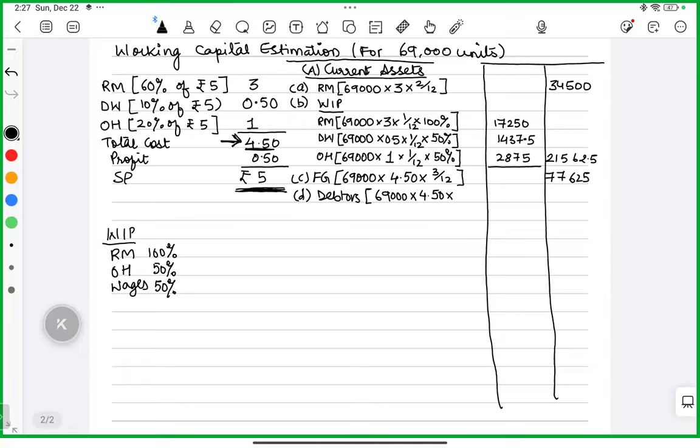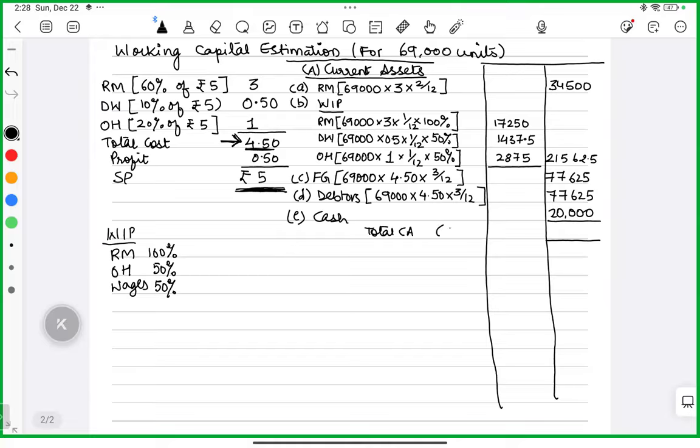So what we do is we value debtors at total cost 4.50, and see in the question, credit allowed to customers. Customers are our debtors. It is also 3 months. So debtors will also be 77,625. And the last current asset is cash. Cash balance given to you is 20,000. So if you make a total of all of this, you will get total current assets.